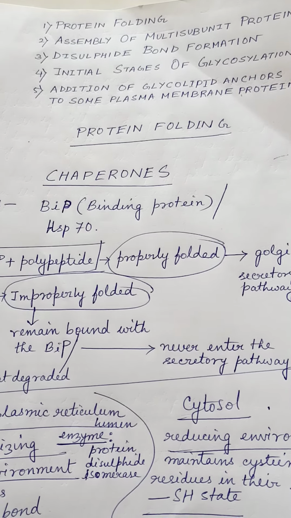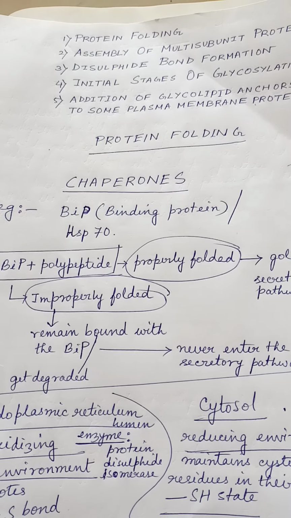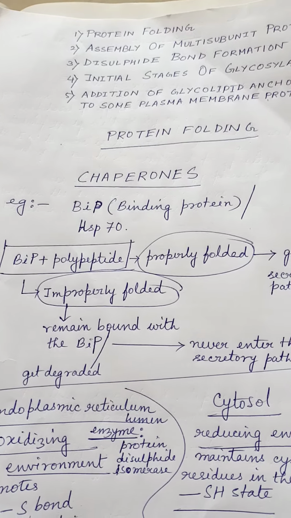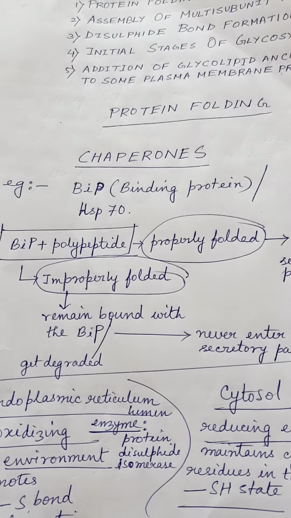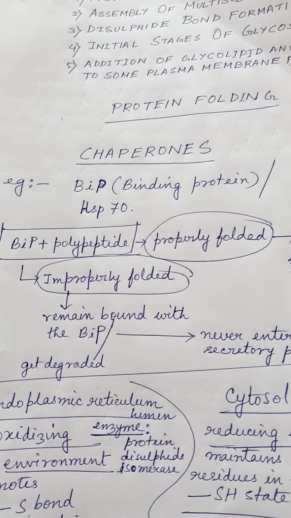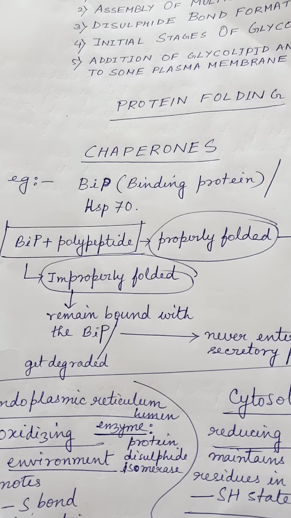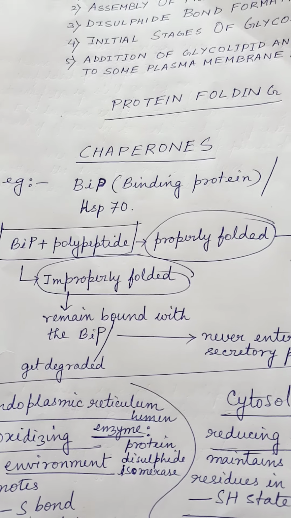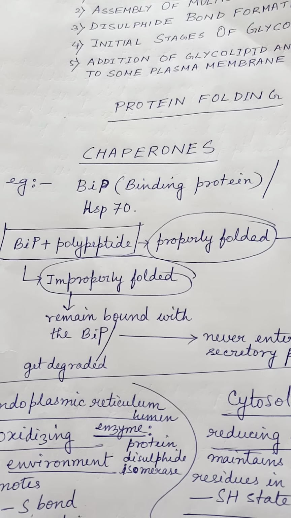Now, where does this nascent polypeptide fold then? Within the endoplasmic reticulum. The molecular chaperones, or chaperones as we pronounce them, help in this process. Actually, the primary role of proteins present in the endoplasmic reticulum lumen is to catalyze the folding and assembly of newly translocated polypeptides.